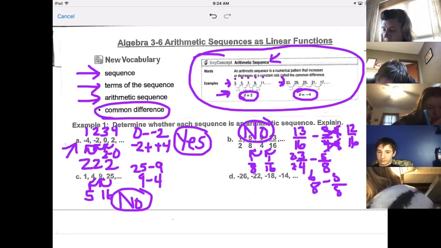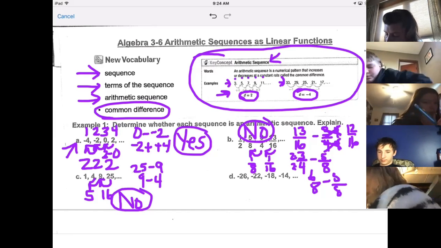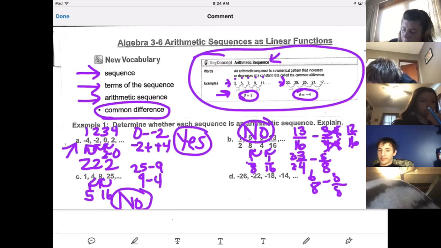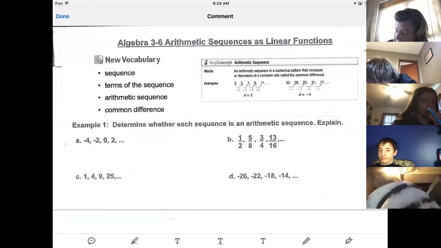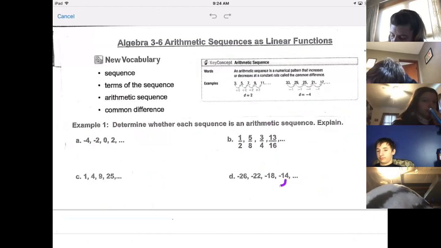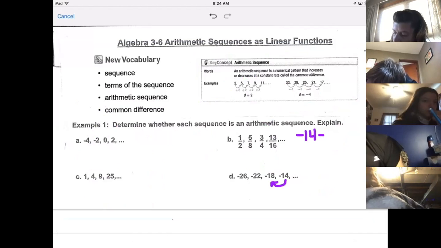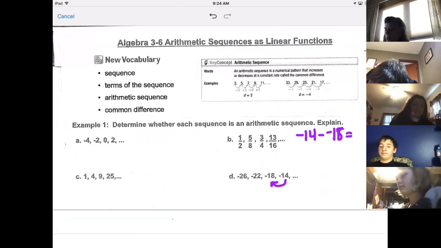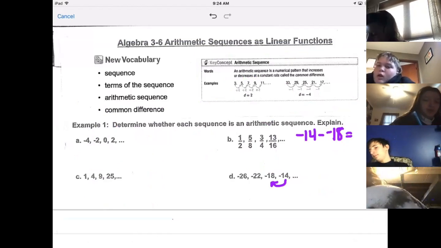All right, let's try this last one. I've got a lot of stuff here. Let's see. I'm going to move it. Okay, so we're going to do this. -14 minus -18. All right, this is for Mason.